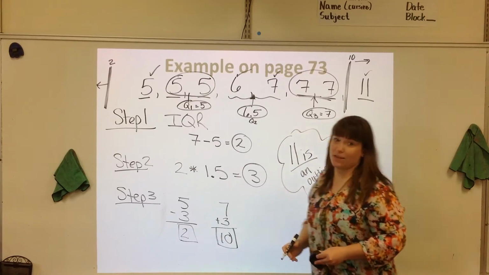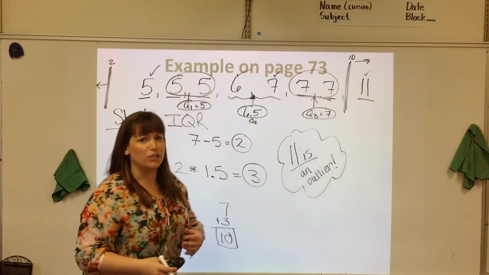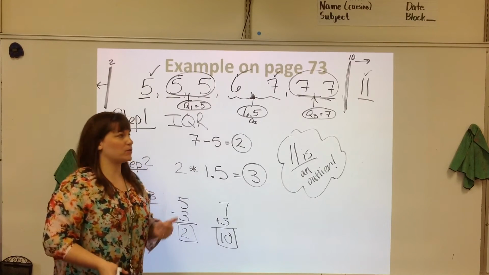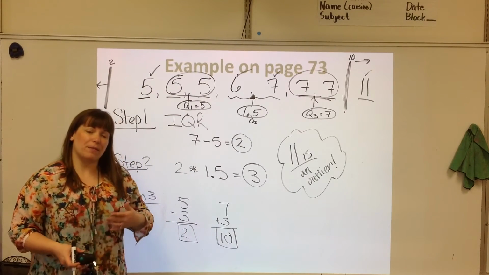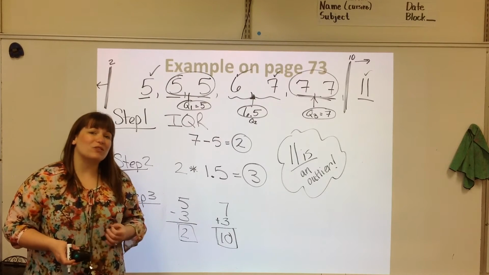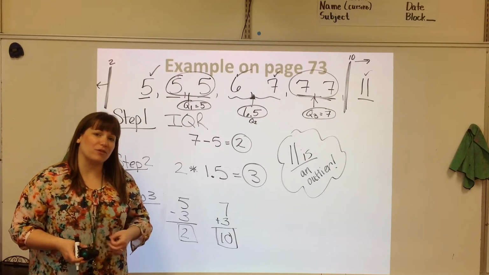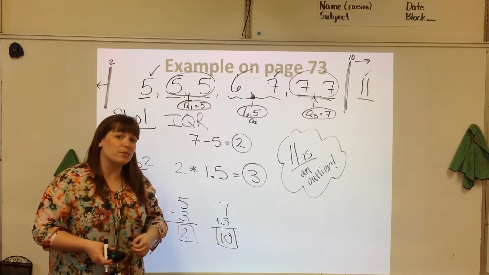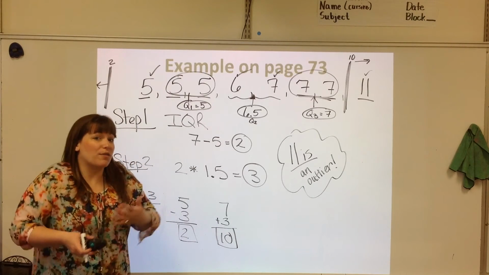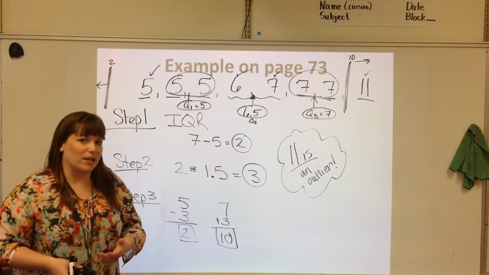Now why, I know you're asking, do we even need to worry about outliers? Well, like I said in the beginning, outliers are troublemakers. They cause trouble, especially for certain landmarks or certain measures of center that we use. So we have to be conscious of whether there's an outlier or not in our data set.